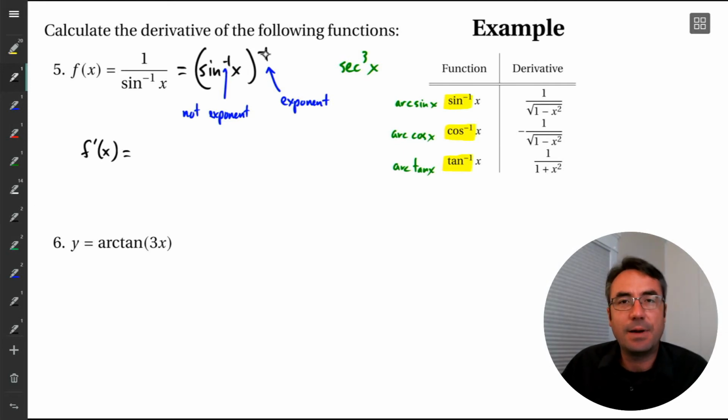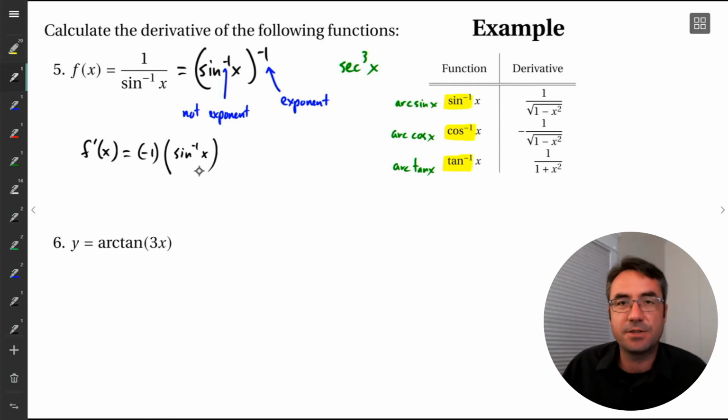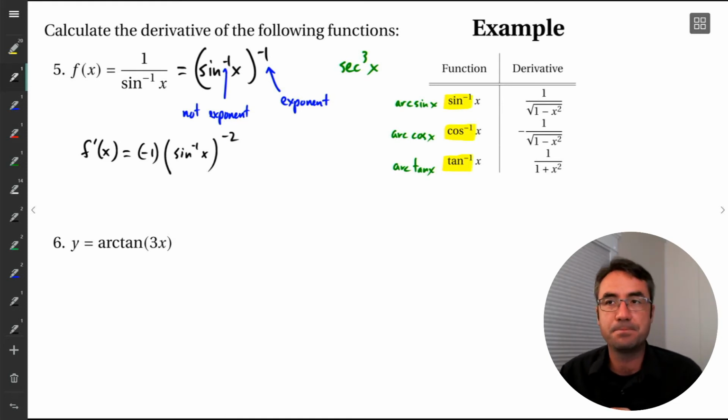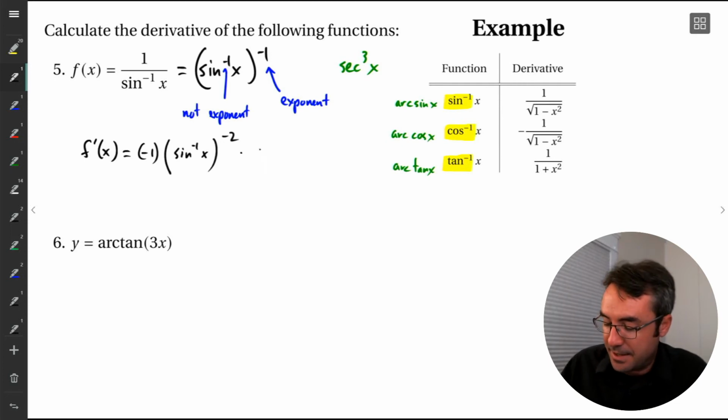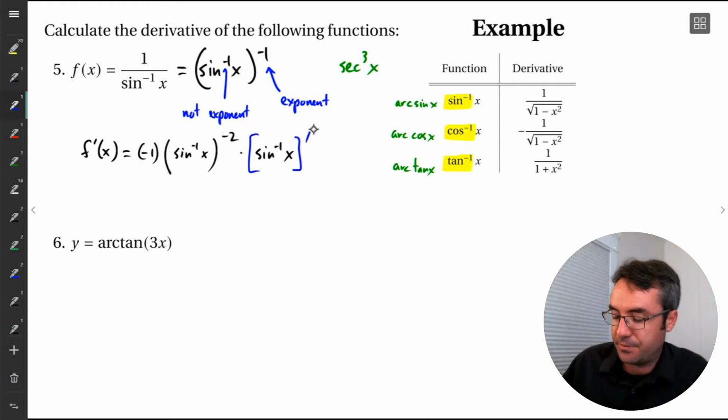We take the exponent, bring it down, and put it in front, so I'll put the -1 in front. Keep the inner function the same, so inverse sine of x stays the same. Then subtract 1 from our old exponent, which takes me down to -2. Then I multiply by the derivative of the inner function, inverse sine of x.